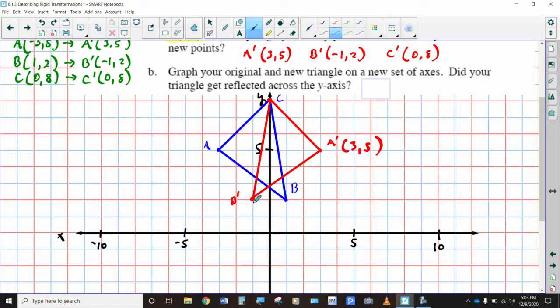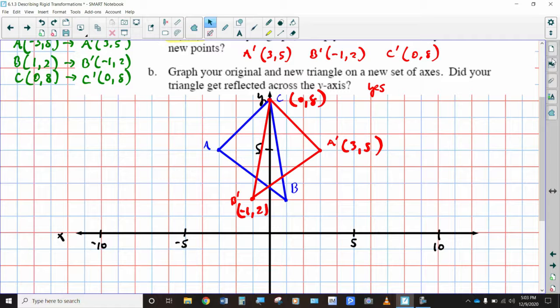This point here is at -1, 2, and that agrees with what we thought it was going to be when we used our coordinate notation. And then C is in the same location as it was before, at 0, 8. That's what we thought it was going to be. So did your triangle get reflected across the y-axis? And the answer is yes, it did.